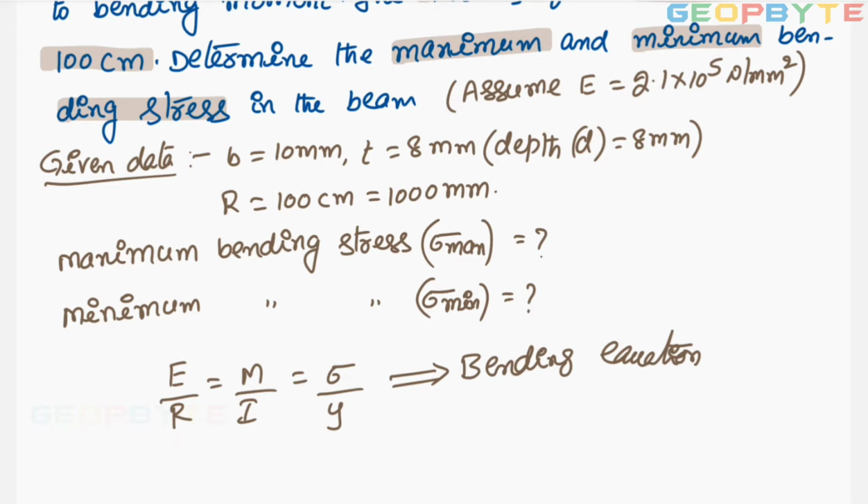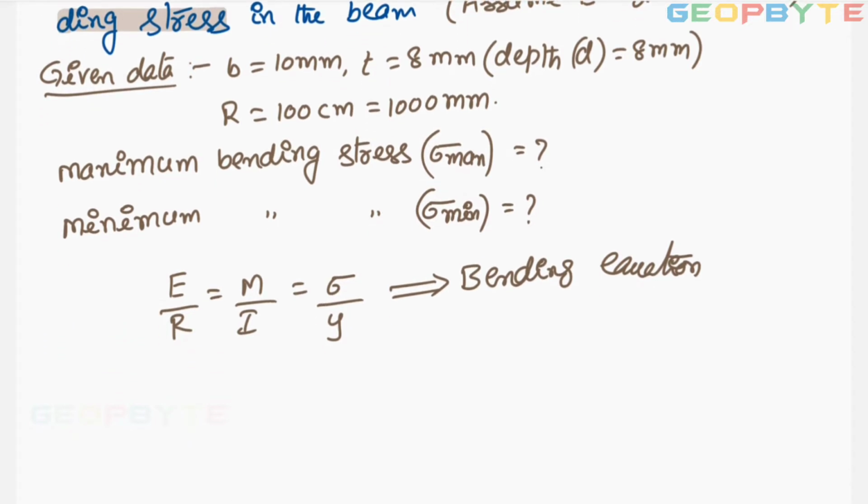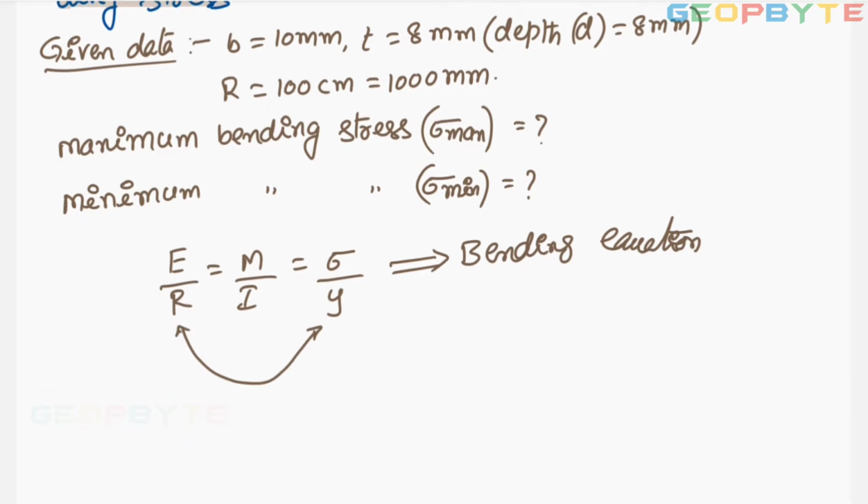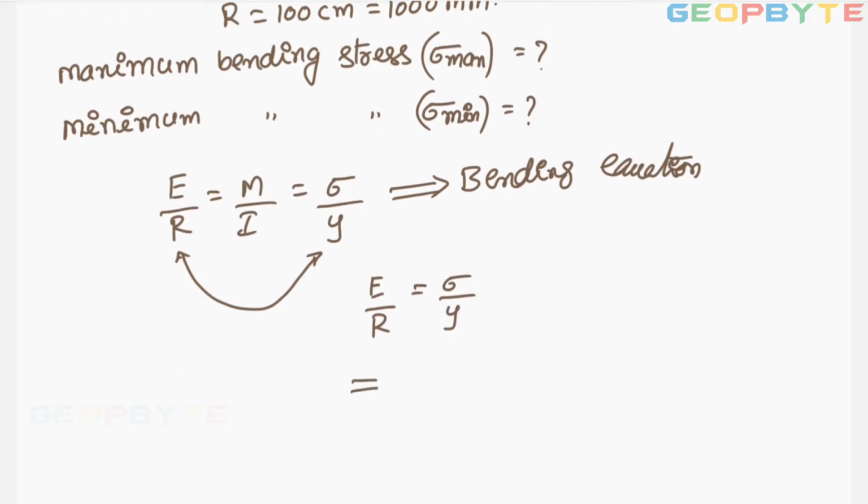Right. Now, from this bending equation, you take the first and last term, E by R equals sigma by Y. From this, bending stress sigma equals E by R into Y. E is the Young's modulus, a material constant that remains the same.